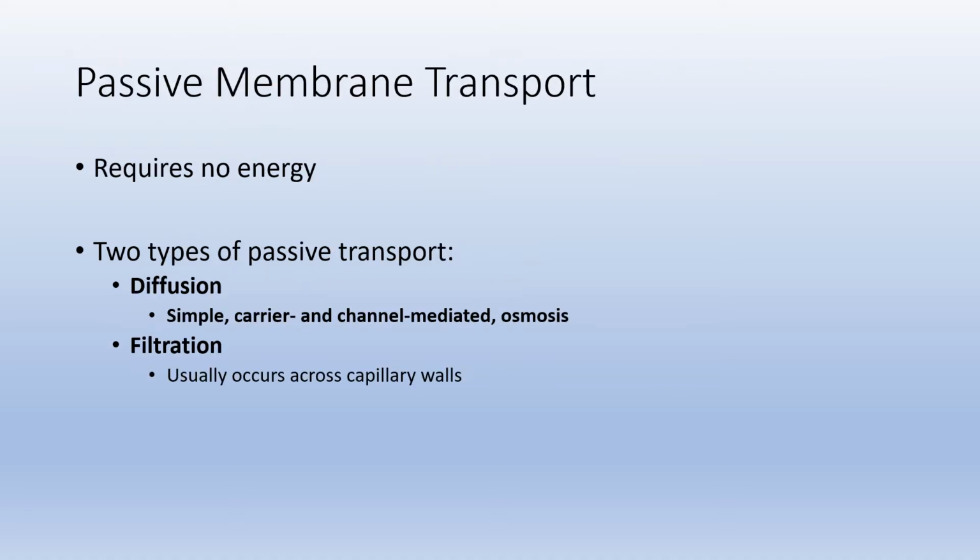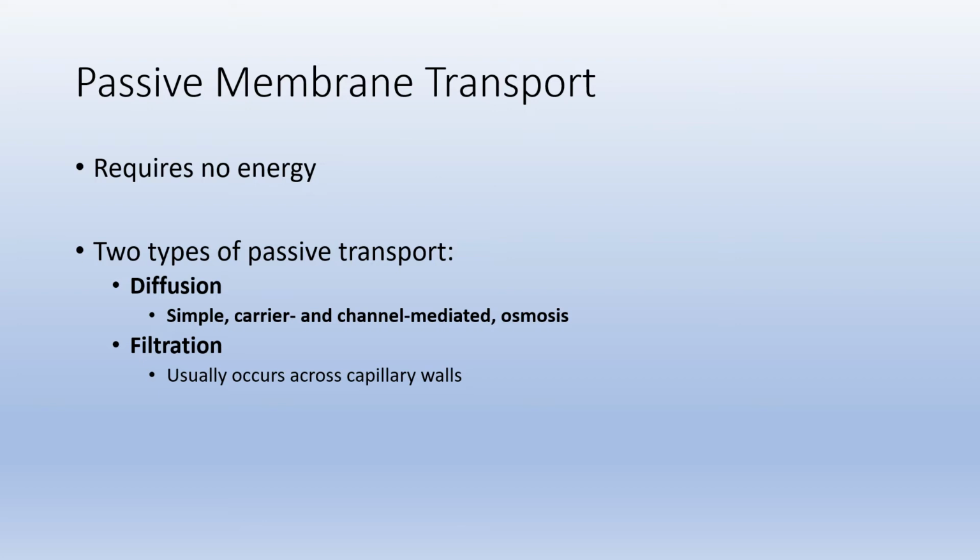We will first start by talking about passive processes or passive membrane transport. And again, passive processes do not require ATP or energy. And we can identify two different types of passive transport, the first being diffusion.